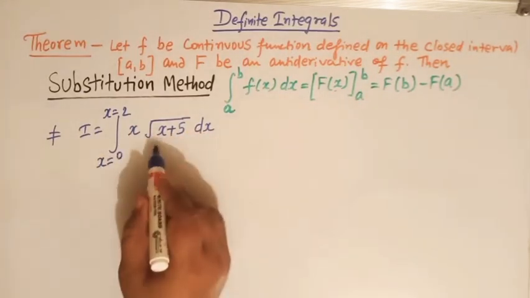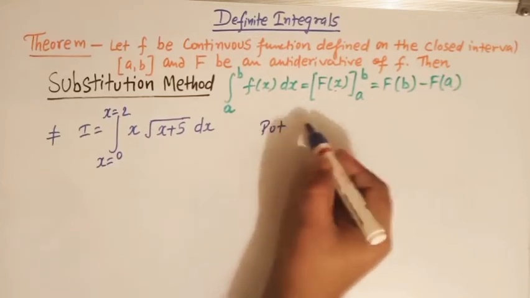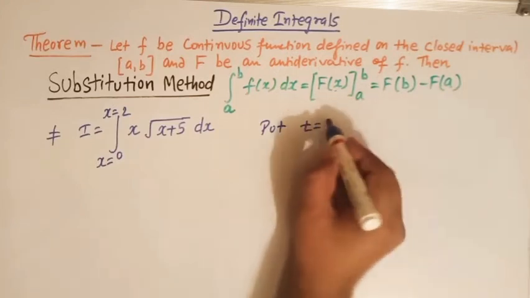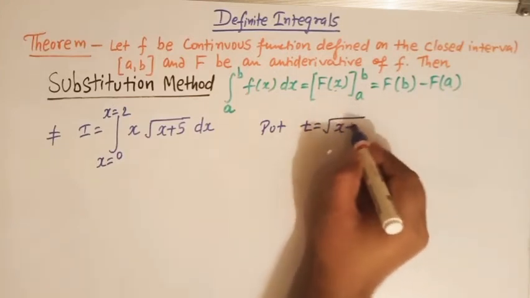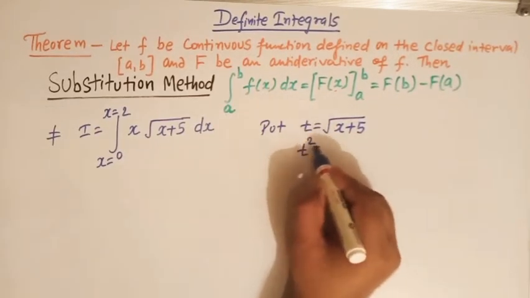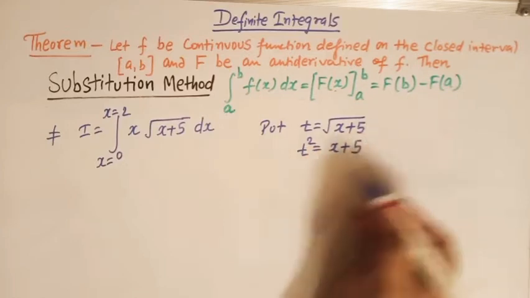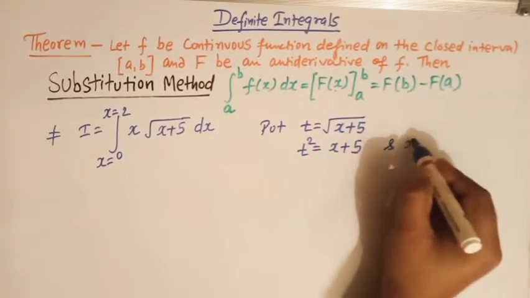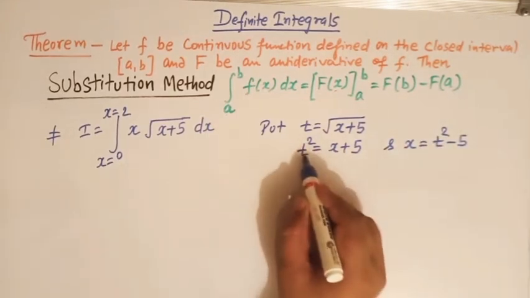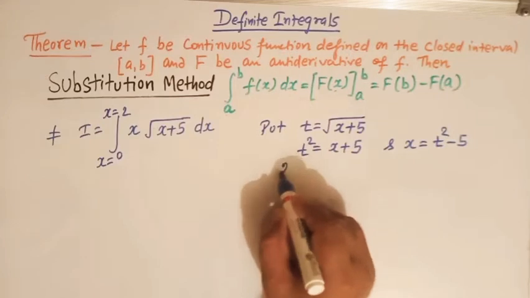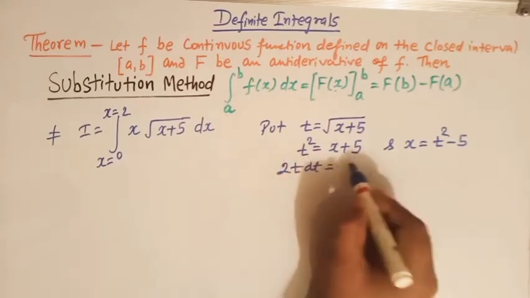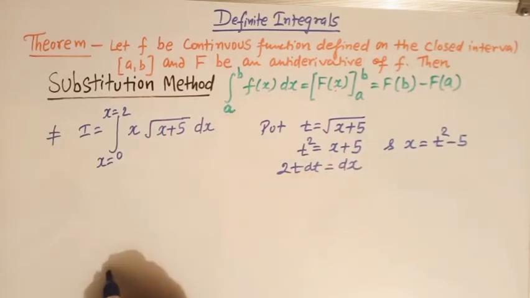Now let us substitute t equal to square root of x plus 5, so t square is equal to x plus 5 and x is equal to t square minus 5. When we differentiate both sides, we have 2t dt equal to dx.